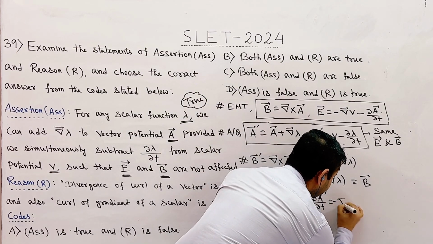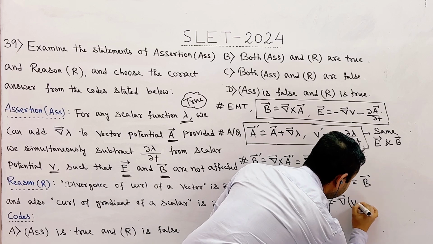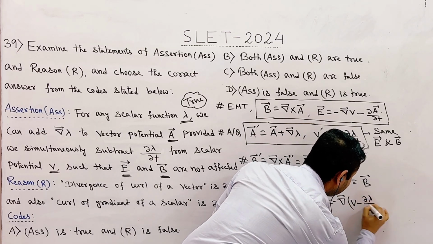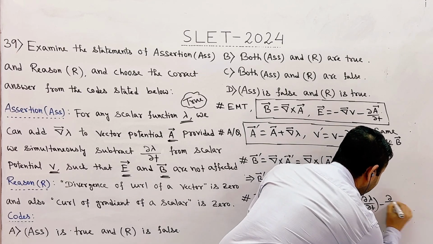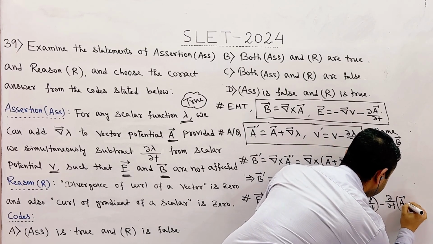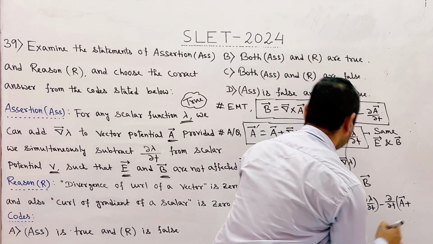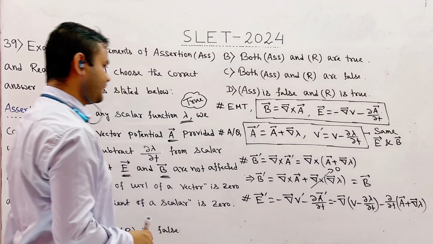So minus gradient of V prime means V minus del lambda by del T, minus del by del T of A plus gradient lambda.